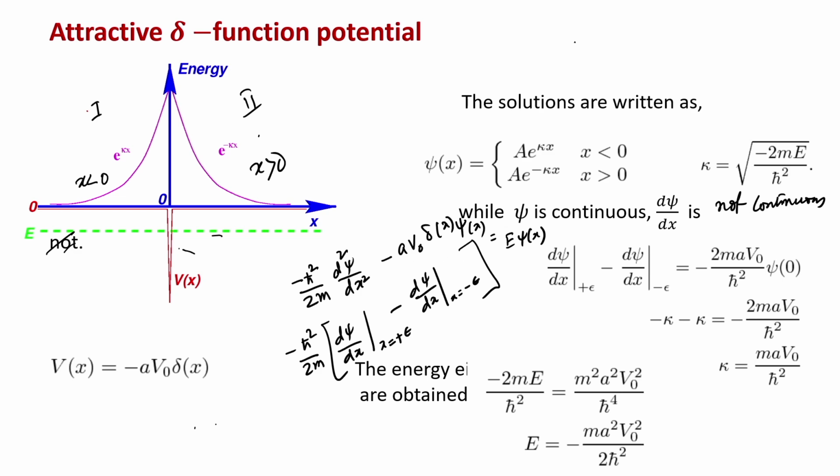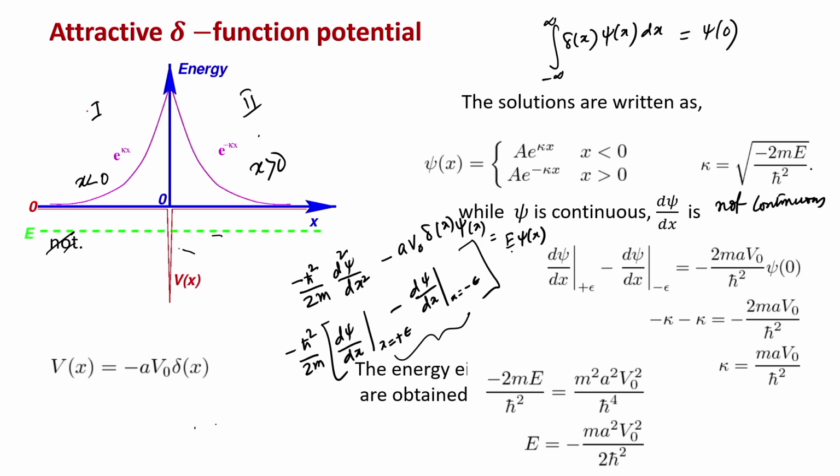Now, we use this relation for the delta function. Delta of x times psi of x integrated over all x gives you psi of 0. And psi at 0 is continuous. So, we can use this, and this becomes equal to minus 2 m a v naught by h cross square times psi at 0.